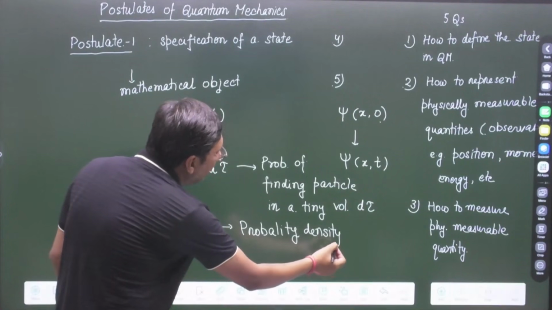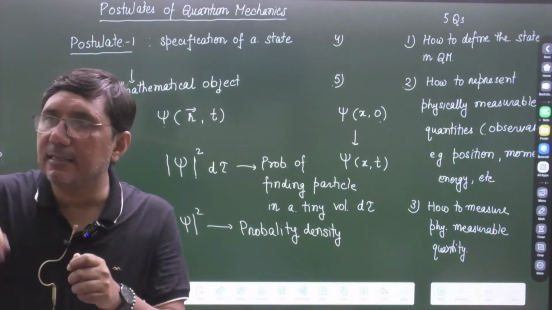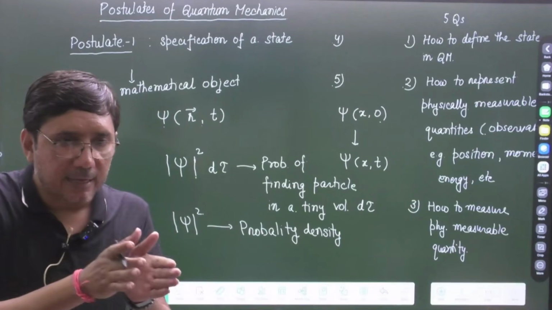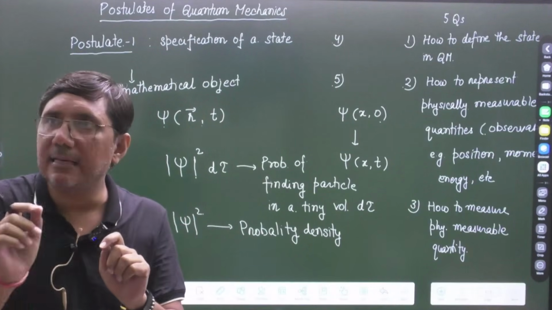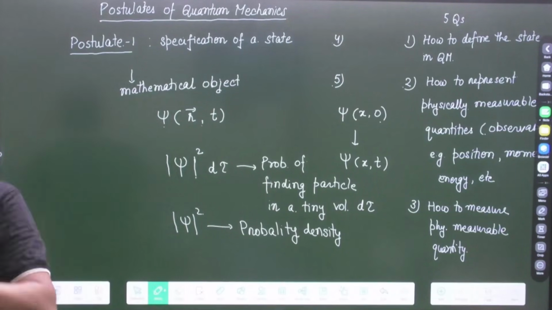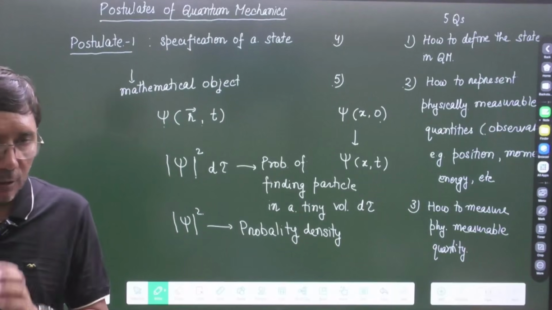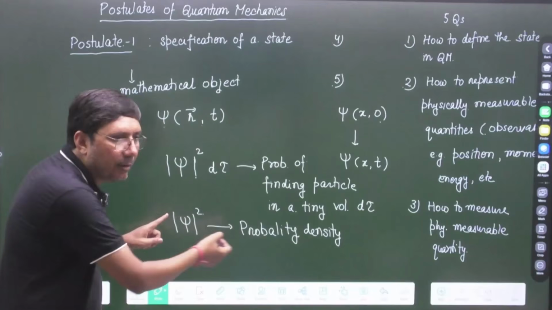Now, as in the case of intensity, how do you define intensity? Light is also a wave, you write I as A square, amplitude squared gives you intensity. By that type of correlation, you say that this is probability density.